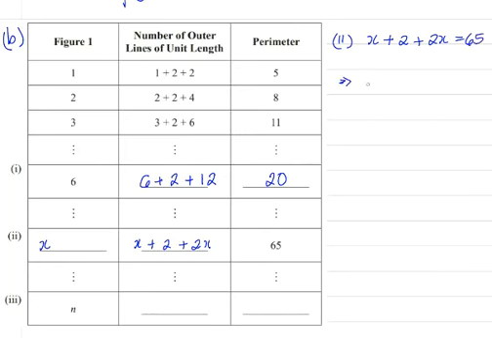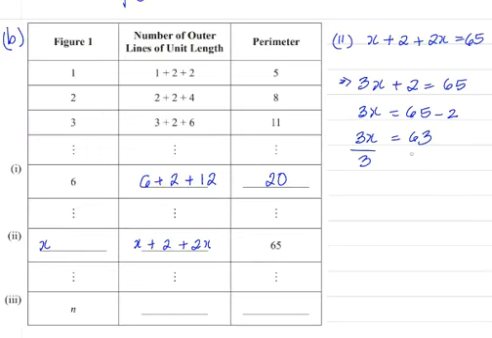So therefore 3x plus 2 is equal to 65. So 3x is equal to 65 minus 2. 3x is equal to 63. Divide both sides by 3. So the figure number x is actually equal to 21.